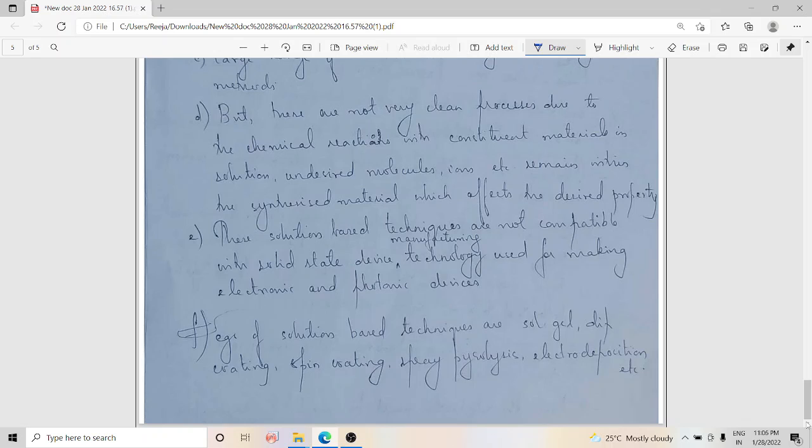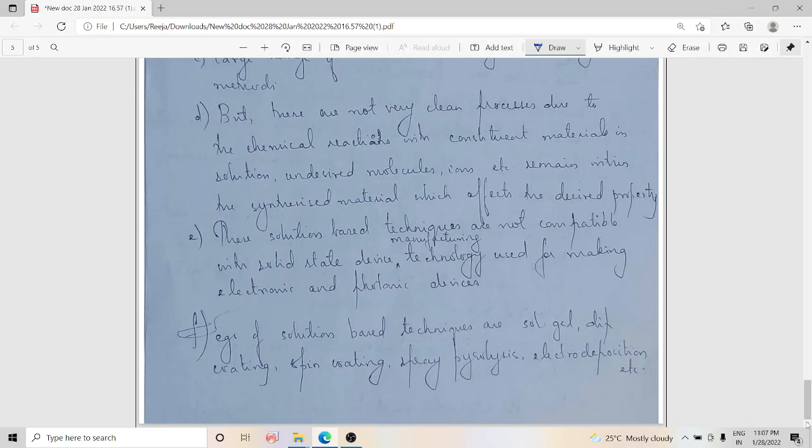Lithographic technique means it is a printing method where we use a chemical process to create an image. The two classifications of lithographic method are the printing method that uses light, that is the photolithographic method, and the other printing method which uses an electron beam, that is electron beam lithography.